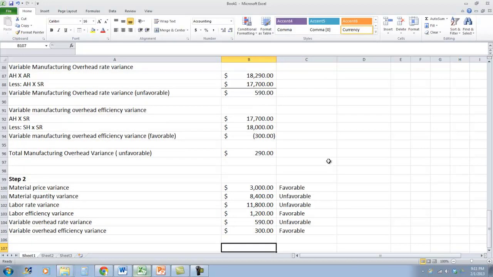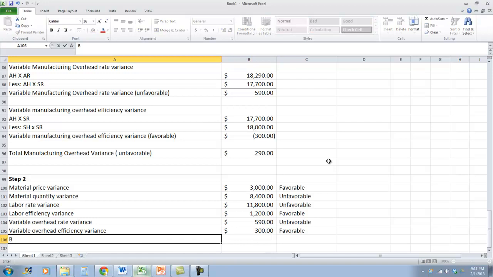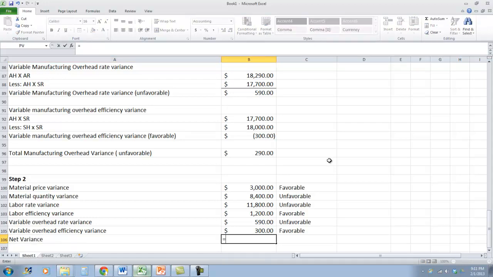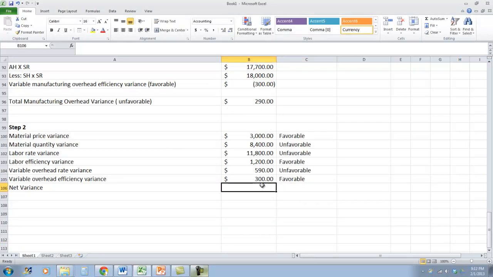So to calculate our net variance, we are going to add all the favorables and then subtract all the unfavorables.